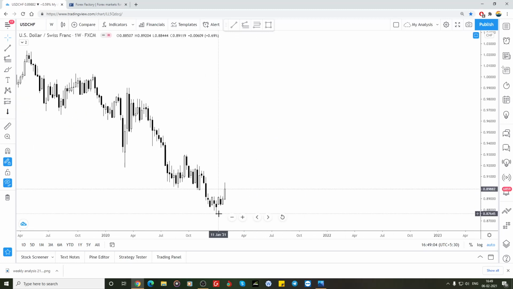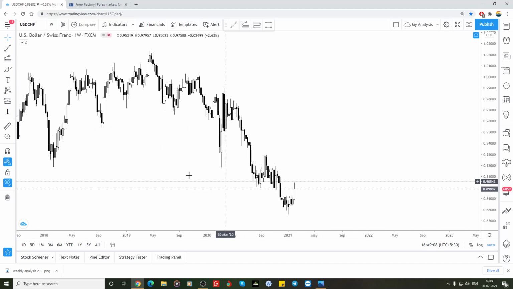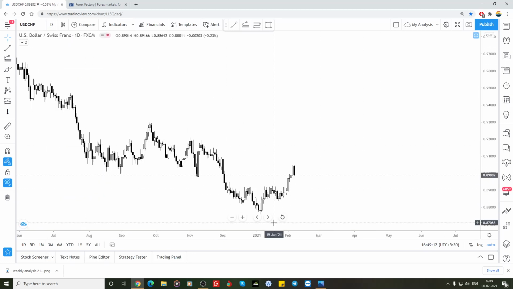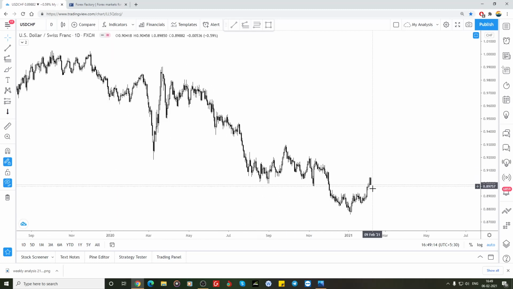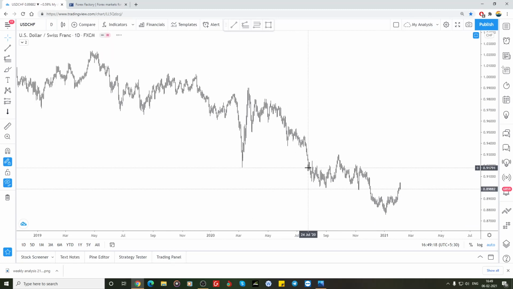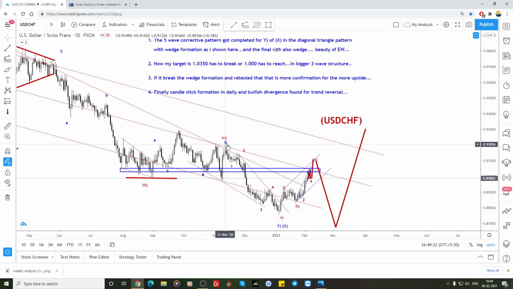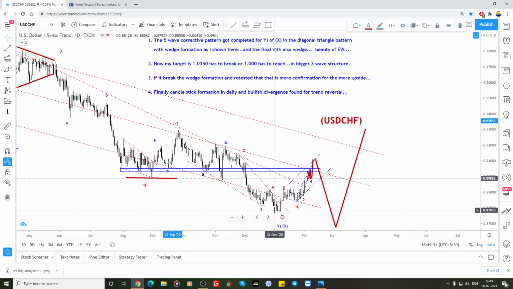So in the weekly also, what I'm trying to say is, I'm not saying no. So either it could be 1 2 1 2 like that, or just listen: if this is the end of the fourth wave, it means this is A, this is the B, and C is completed.